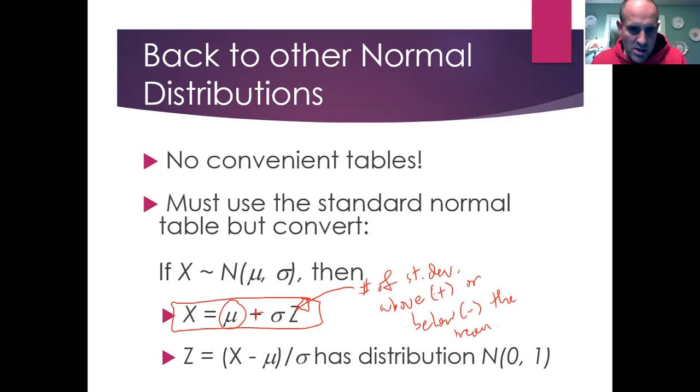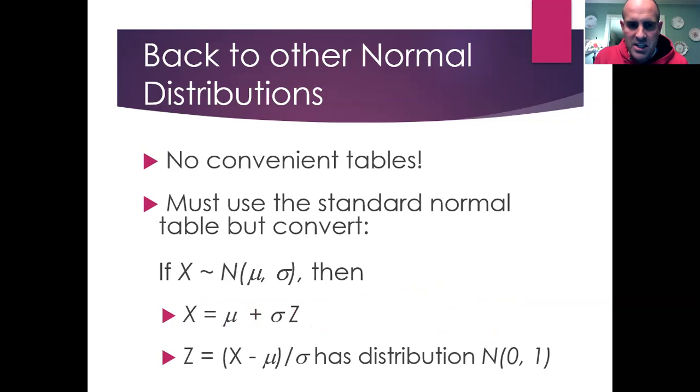Because if z is equal to 1, then x is mu plus sigma. That means I am 1 standard deviation above the mean. If z is minus 1, that means x is equal to mu minus sigma, and that means x is 1 standard deviation below the mean. So z is literally telling you the number of standard deviations above or below the mean you actually are. That's an important thing to keep in mind.